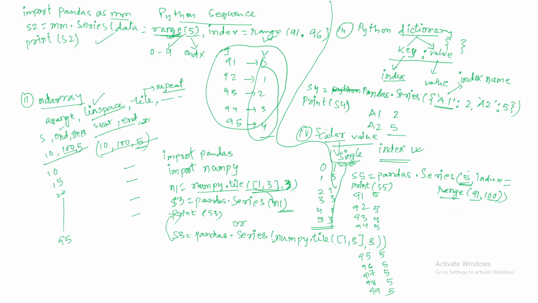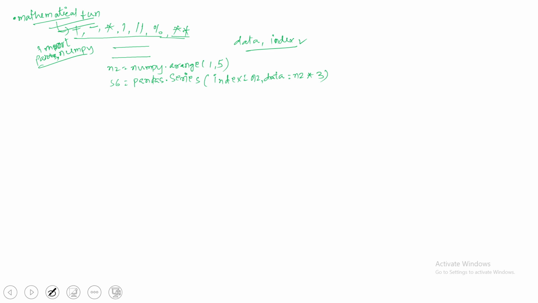Remember that. If you write data equal to 5, then we can change the position; we can write index first or data first. Directly, whenever we write the value without the data keyword, then this is the correct syntax. Okay. So now tell me, index equal to what am I using? n2, meaning the same numpy array.